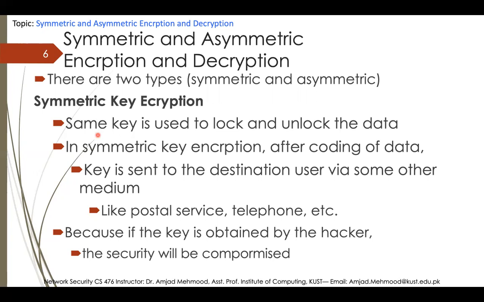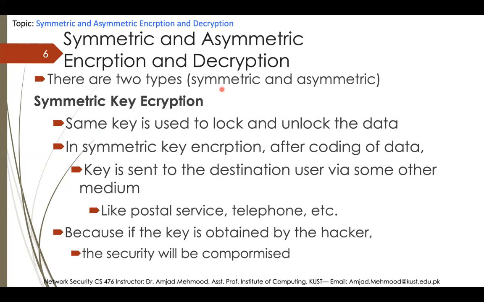Now, another strategy is how we convert that. For that, we have two kinds of mechanism, both in encryption and decryption: symmetric and asymmetric. In the symmetric, both sender and receiver will be using the same key.